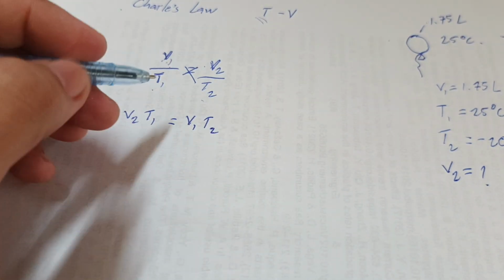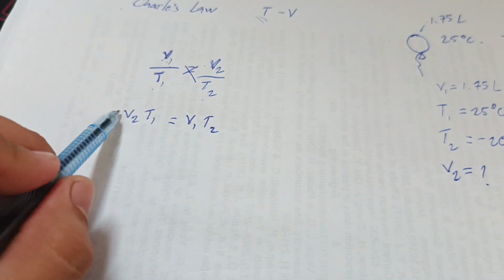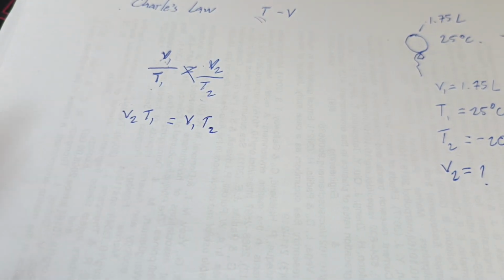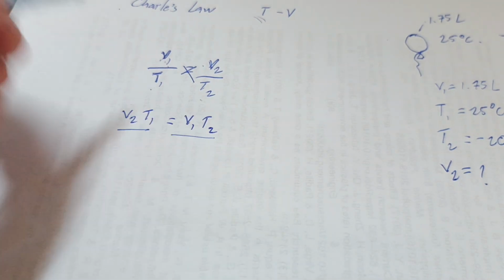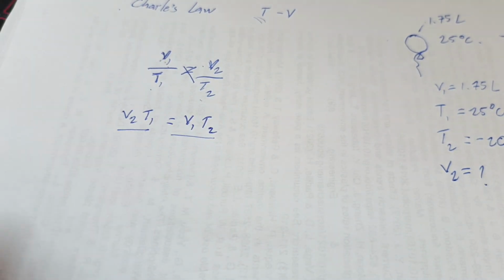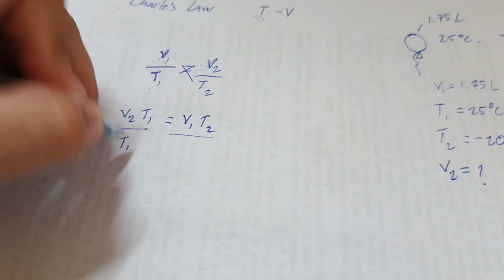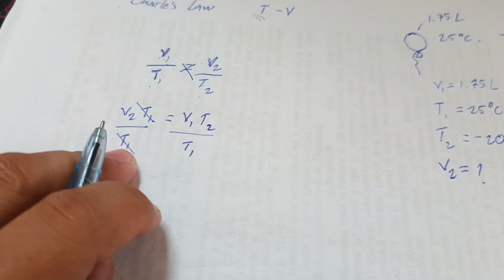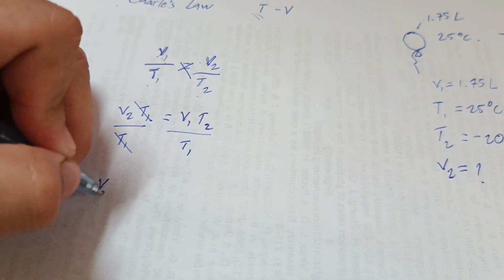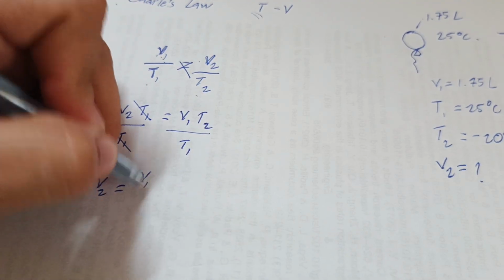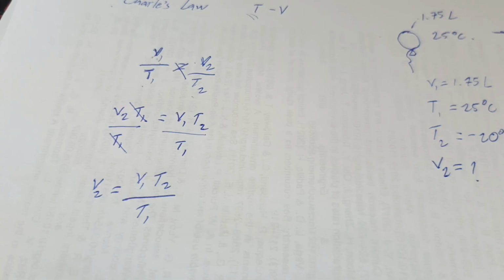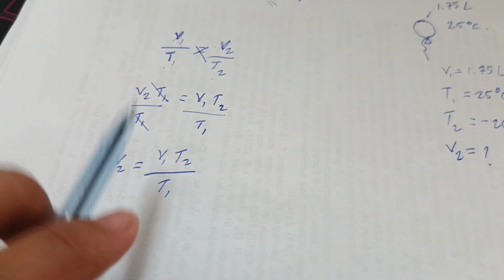Since we need the final volume alone on the left side, we divide both sides by T sub 1 to eliminate it from the left side. So V sub 2 is equivalent to V sub 1 times T sub 2 over T sub 1. We have the derived equation now.